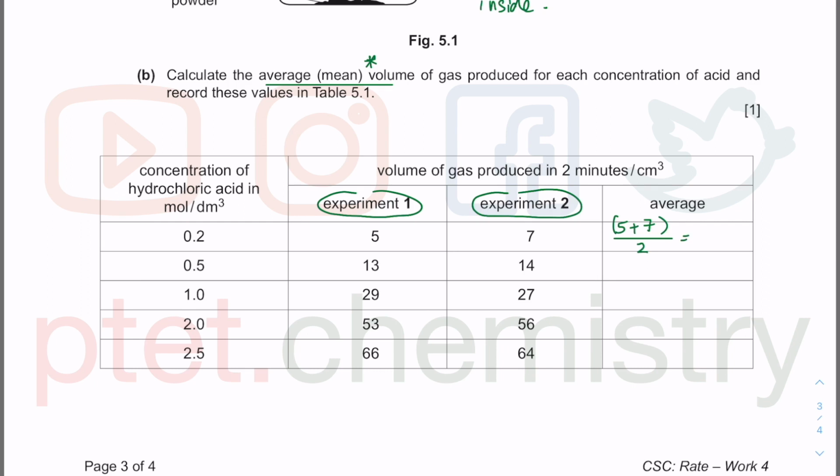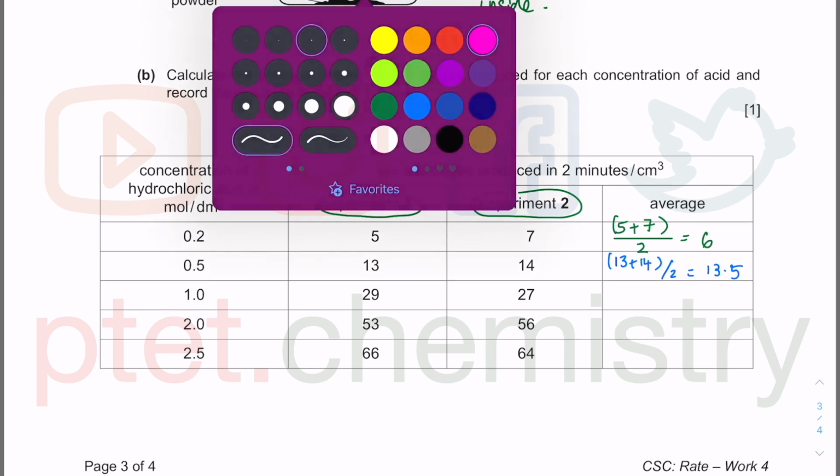5 plus 7 in a bracket, I get 12. 12 divided by 2, I get 6. And the next one I will get 13 plus 14, use bracket and then divided by 2. 13 plus 14, 27 divided by 2, I get 13.5. They did not say how many decimal places, so I just write down whatever value I have from my calculator.